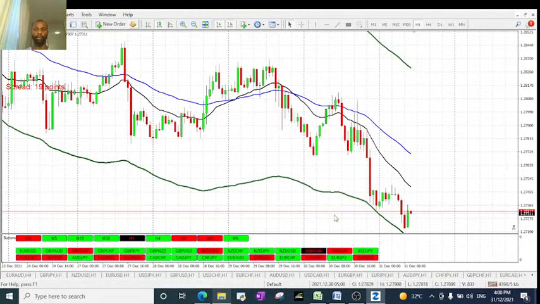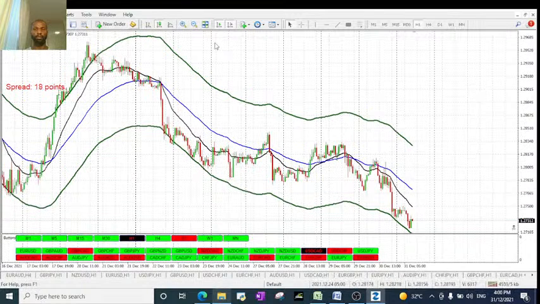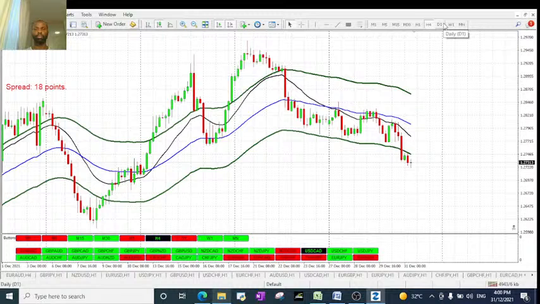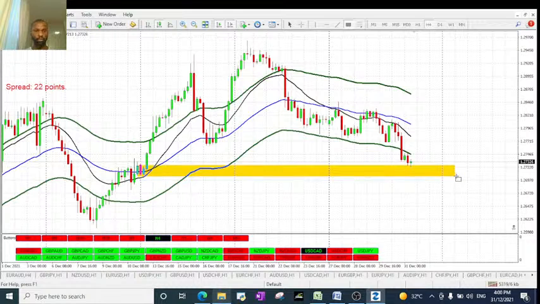Not really seeing anything that I like. Just trying to map out the zones, understand what is going on.